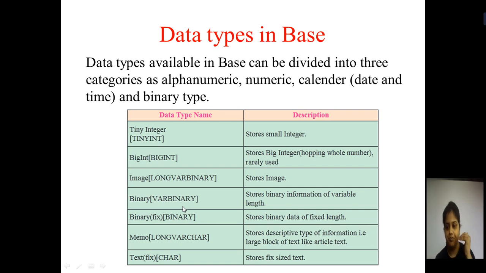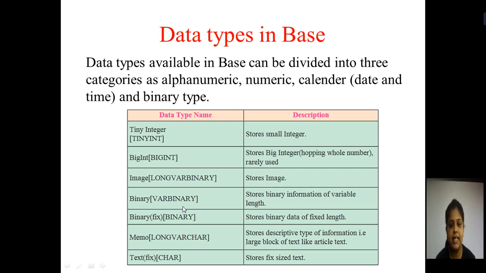So if we are using varbinary, the binary information will be stored with variable length, so there will be a difference in the length of the data stored. Whereas in fixed binary there is a fixed length of data assigned. So whatever data is stored, it will be stored in a fixed amount of length.